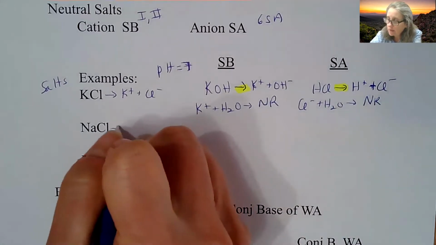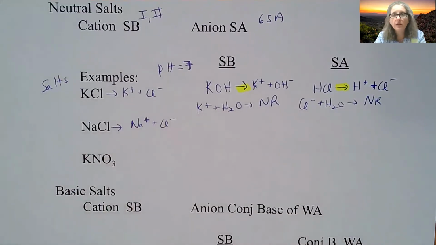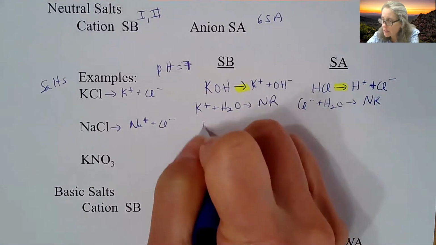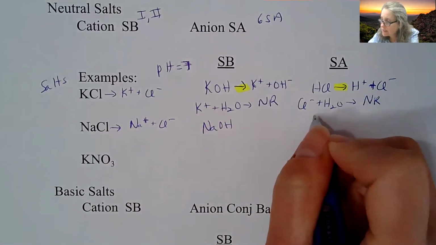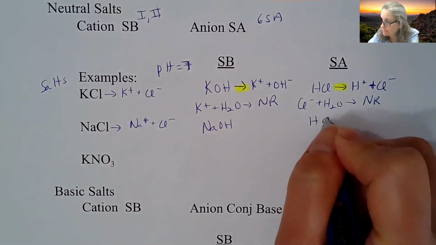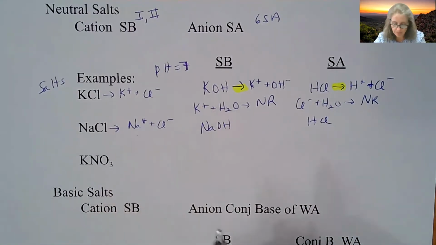Following through, NaCl. So I have Na plus and Cl minus floating around in that beaker of water. Do they react with the water? No, because the Na is coming from NaOH, that's a strong base, and the Cl is coming from HCl again. So there is no reaction, so this is a pH of 7.